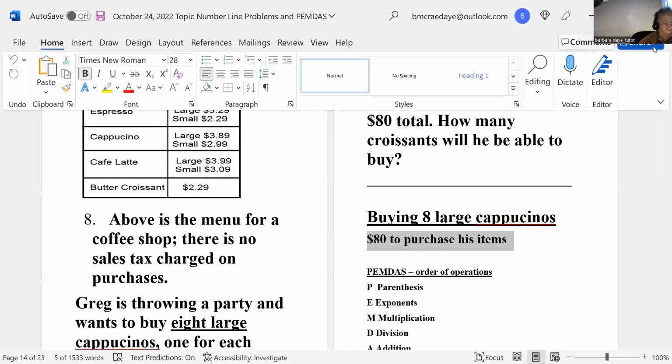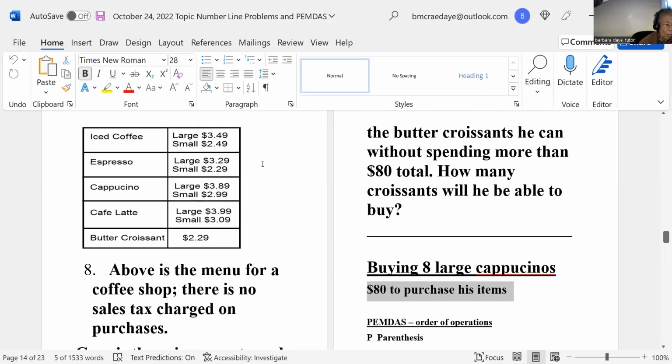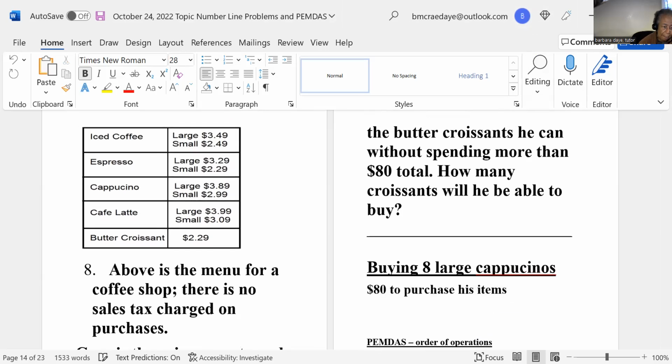Now, how many total croissants? Look on the chart. What do the croissants cost? $2.29, right. So the buttered croissants cost $2.29 each.